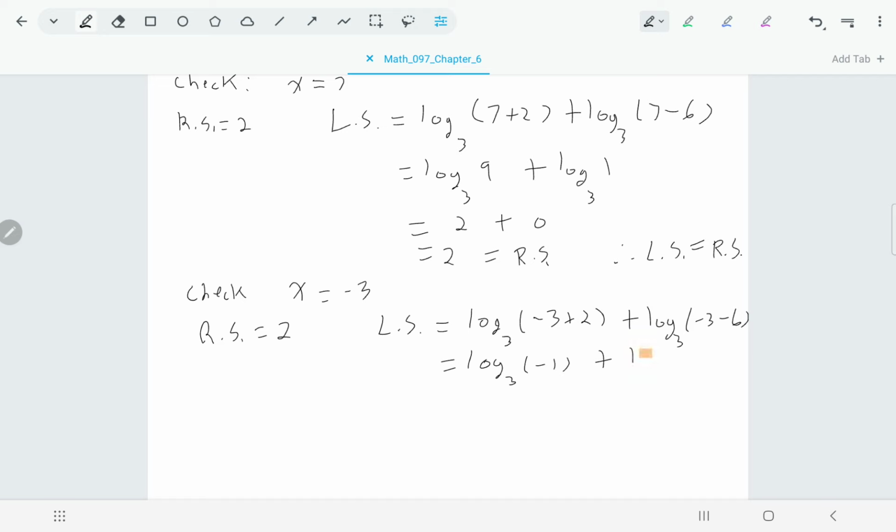Even if only one of them was undefined, that's enough for us to stop right there. Log base 3 of negative 1 is undefined. Log base 3 of negative 9 is undefined. So too bad for us. We do not have left side equal to the right side, and we need to reject x equals negative 3.